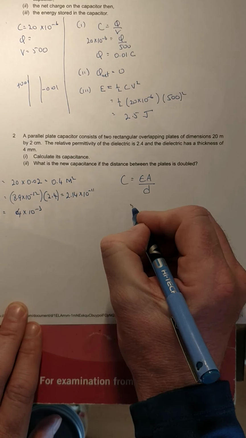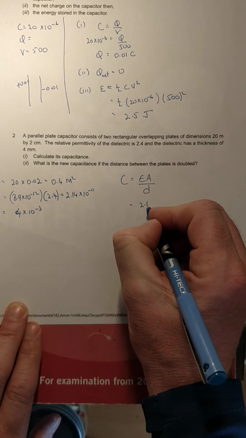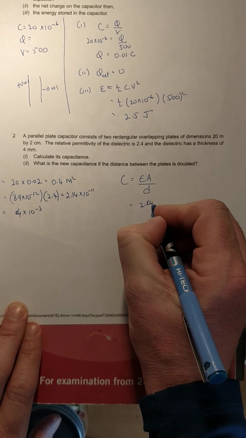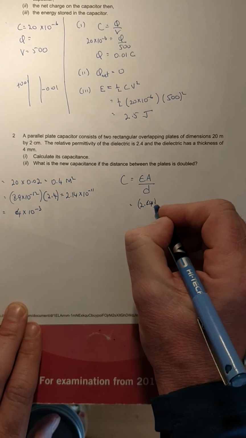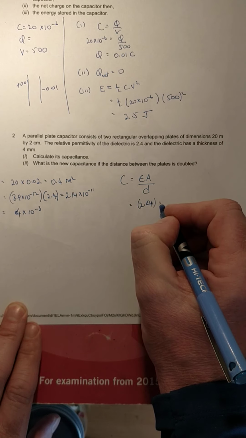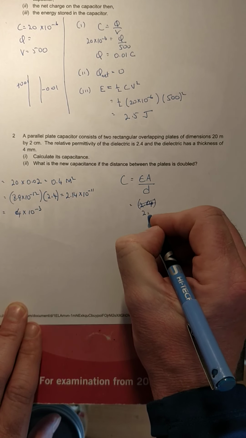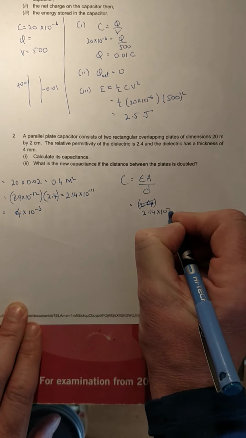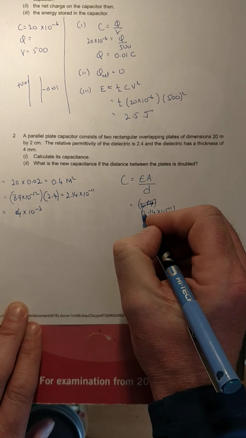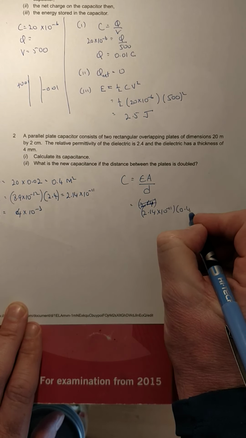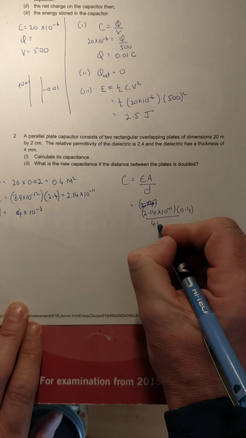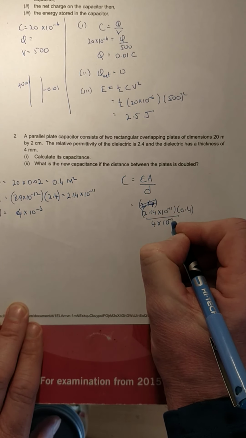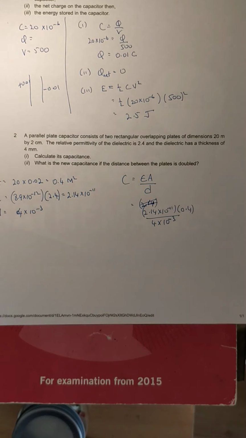And to get the capacitance, now we're in business. Okay, so it's 2.4, my mistake, it's 2.14 by 10 to the minus 11 multiplied by 0.4 divided by 4 by 10 to the minus 3. Let's work that out.